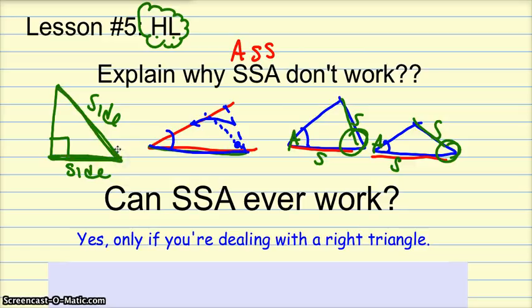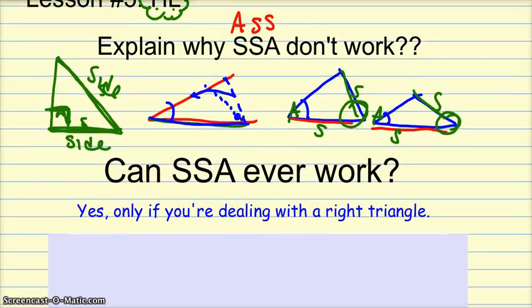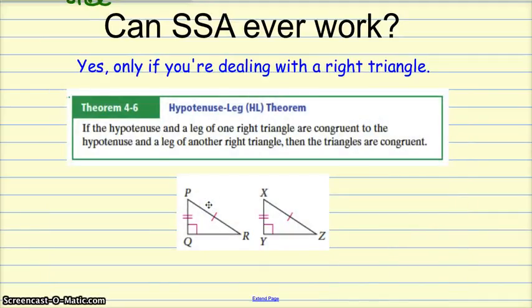So let me give you this theorem and we'll go back through. What we're going to do today is a special angle, side, side. But because we're dealing with a right angle, we're no longer going to call it angle, side, side. It's going to be a special case, and this one will work. So let me uncover this here. It says, can side, side, angle ever work? And the answer is yes, only if you're dealing with a right triangle.